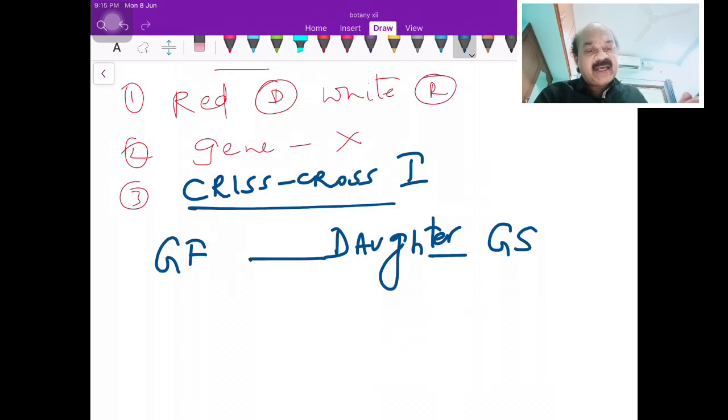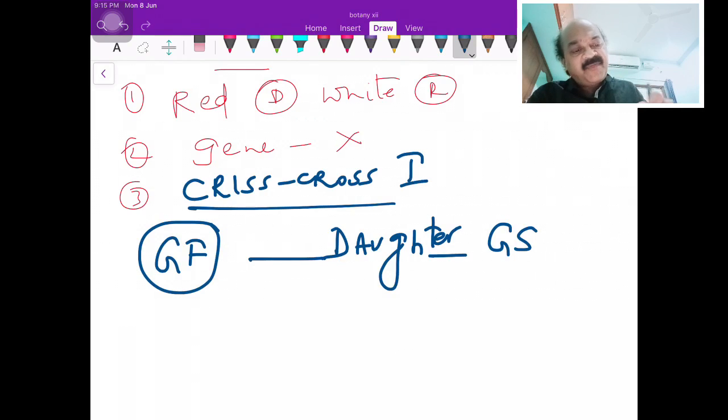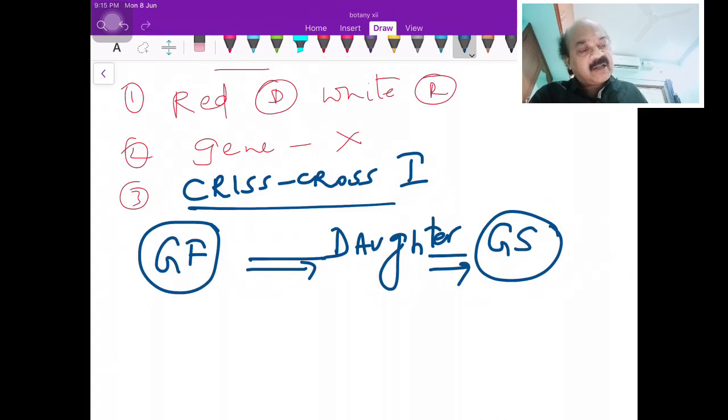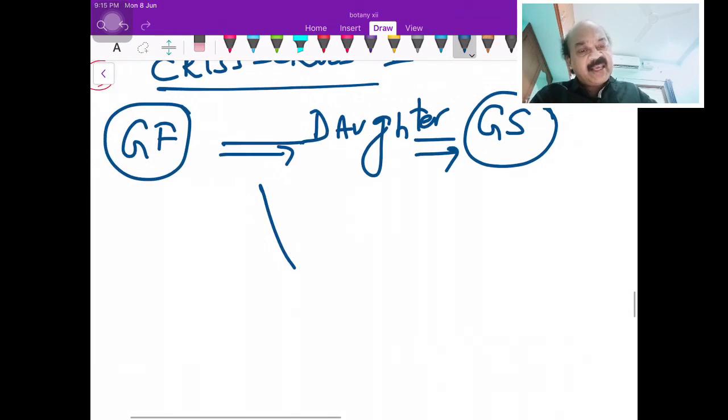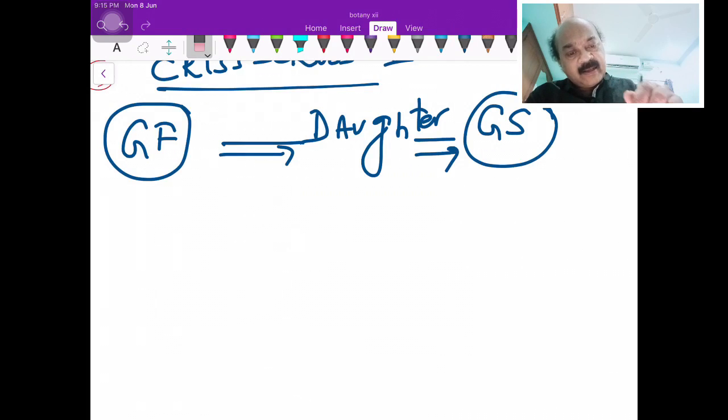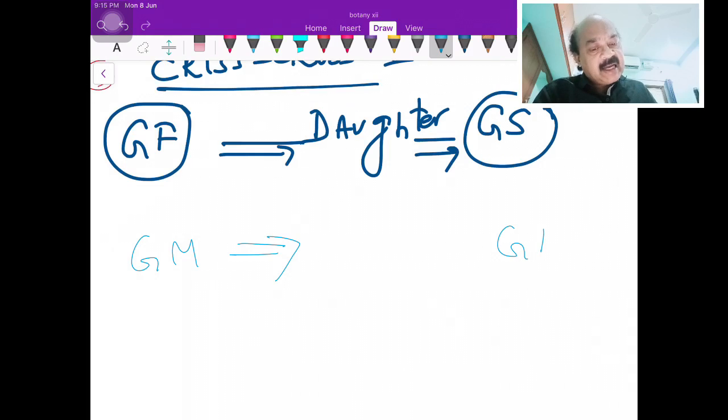This particular gene is inherited from grandfather to grandson via daughter, and similarly from grandmother to granddaughter via the son.